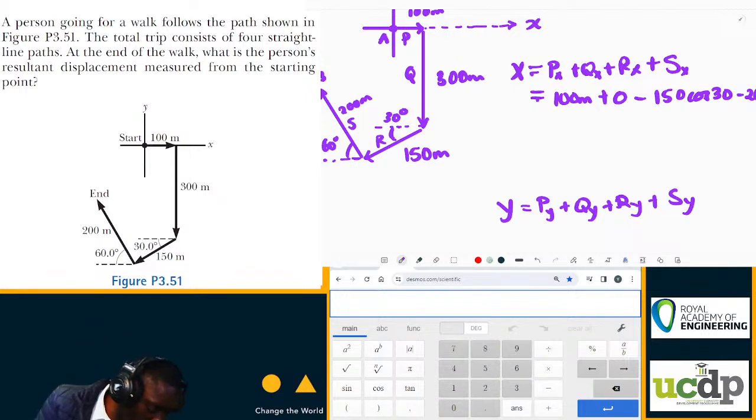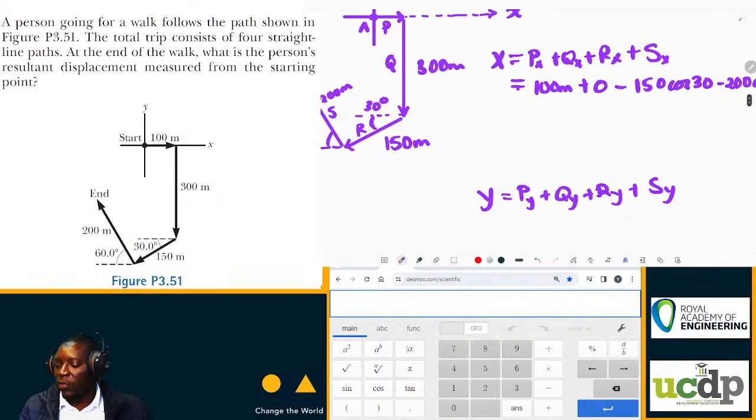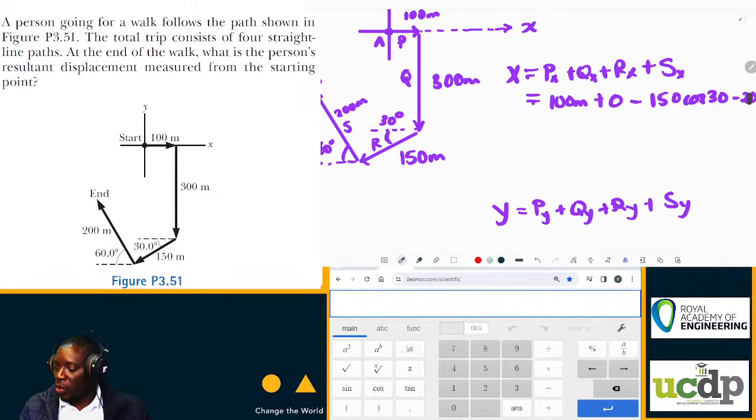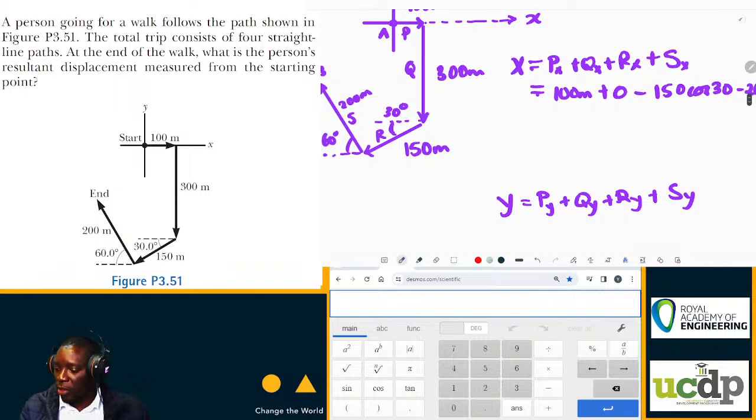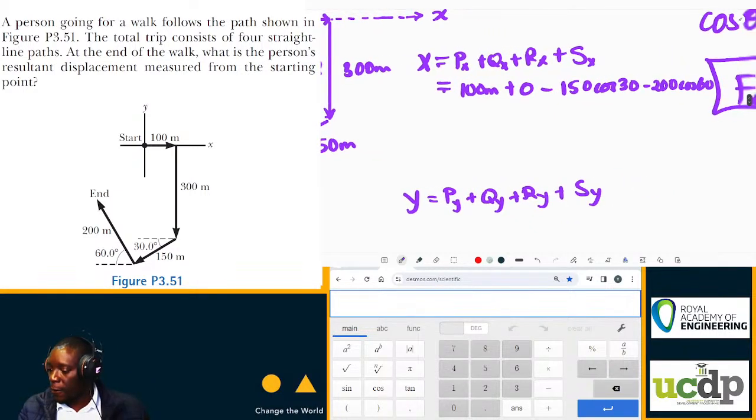So it autocorrects itself to give you the relevant sign. If you use cos 30, you get root 3 over 2 with the negative there. The negative cos 30 is like cos 210. So it depends on how you want to work it out. You just have to be careful and consistent.